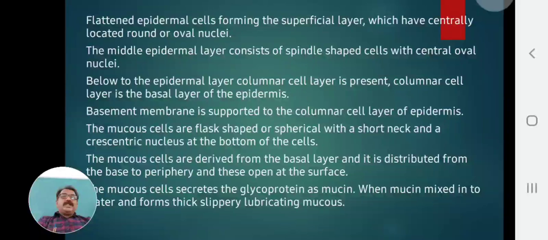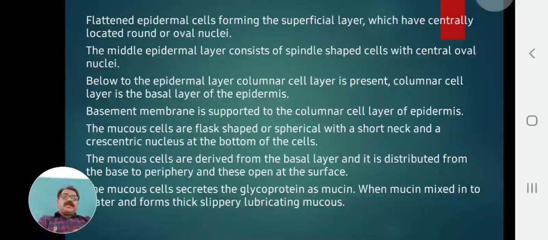The middle epidermal layer consists of spindle shaped cells with central oval nuclei.